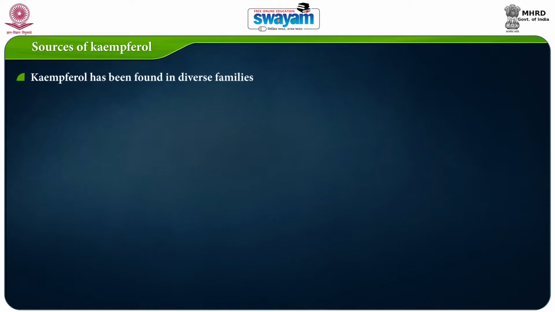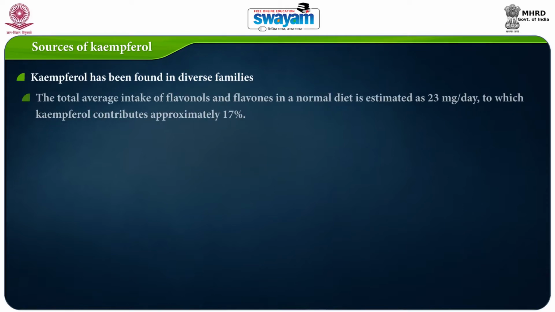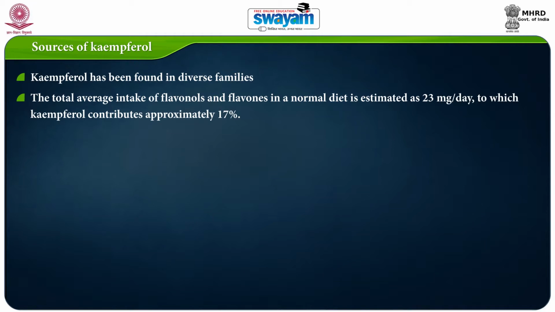Kaempferol has been found in diverse families. The total average intake of flavonols and flavones in a normal diet is estimated as 23 mg per day, to which kaempferol contributes approximately 17%.